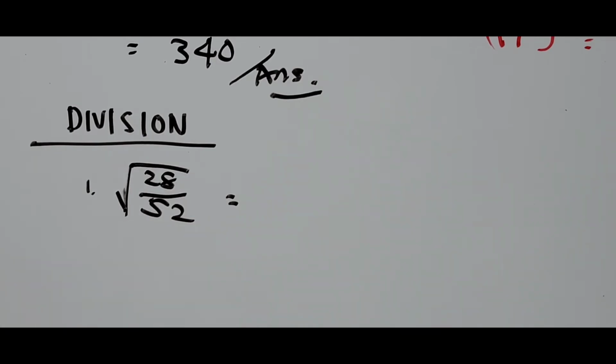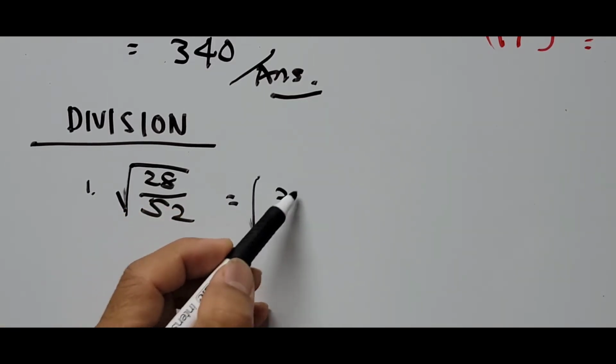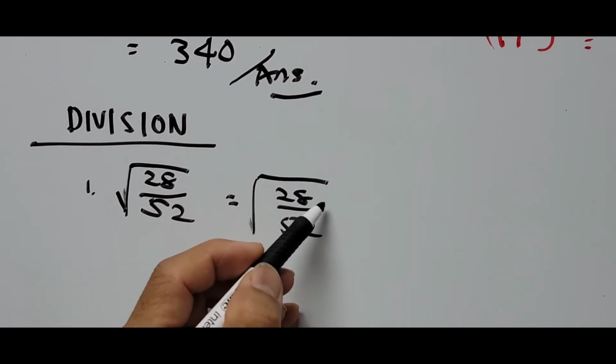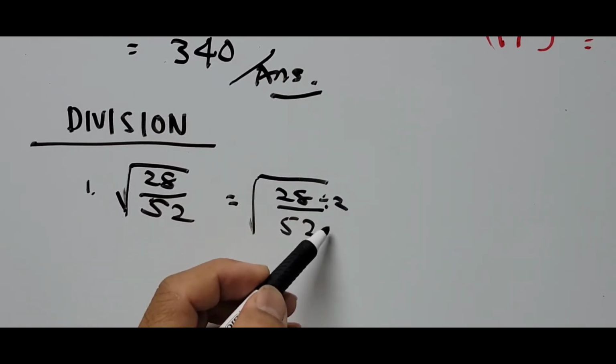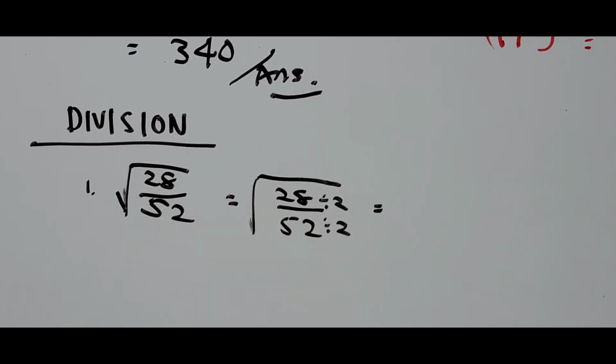The first thing to think about when you're simplifying fractional radicals is to investigate the numbers and, as much as possible, reduce those numbers to their lowest terms. So to avoid simplifying big numbers, the 28 and 52 can both be divided by 2, on both the top and bottom of the radical.